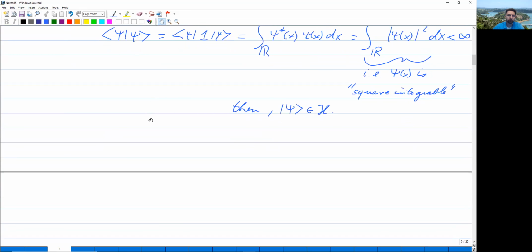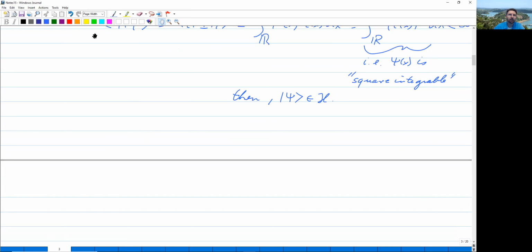Now, what about operators? Let us look at an abstract operator in the position basis, operators in the x hat eigenbasis.